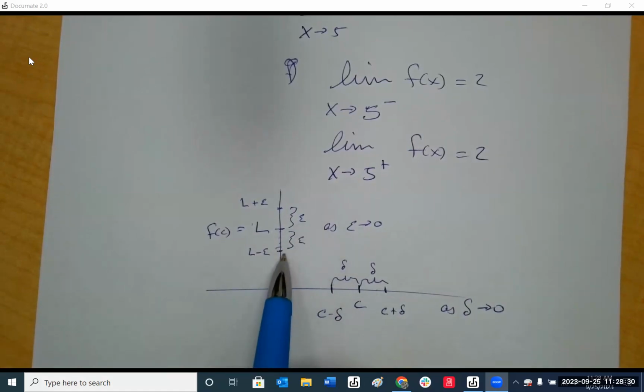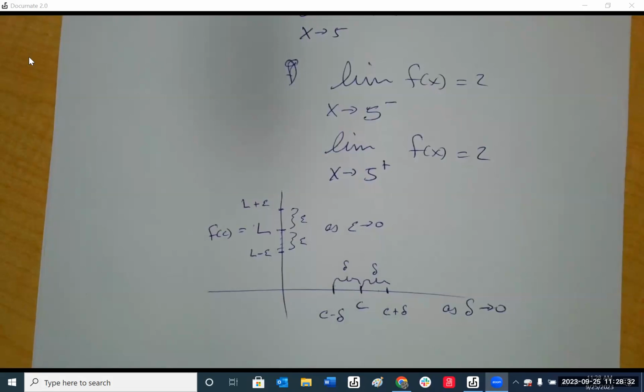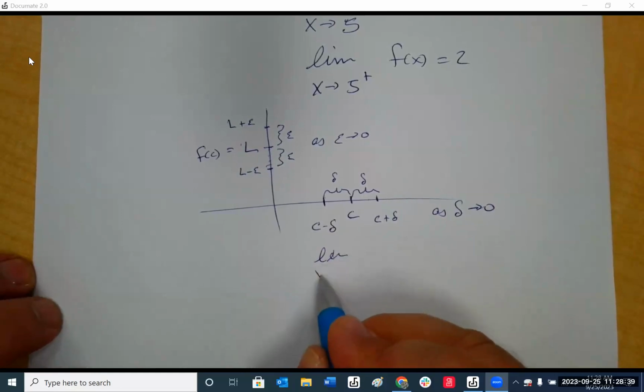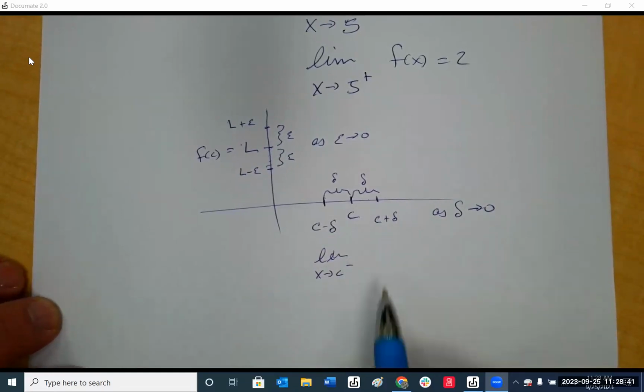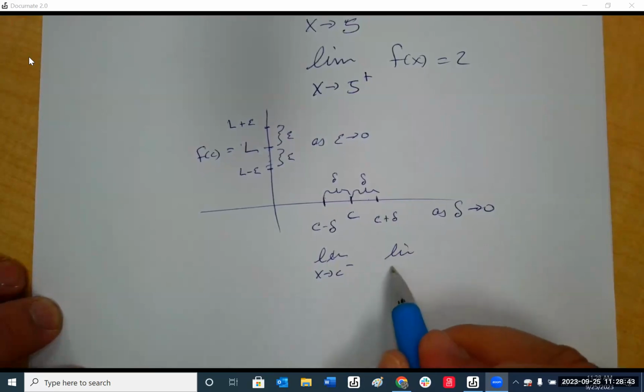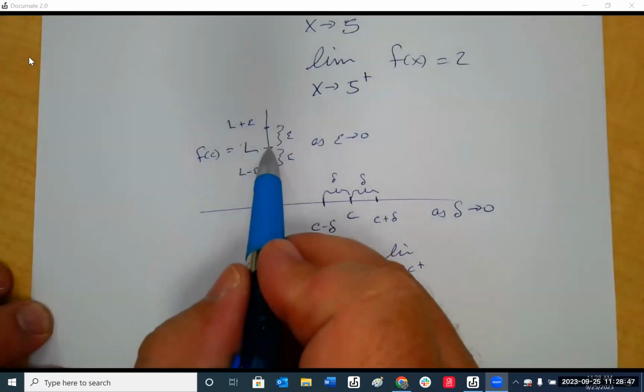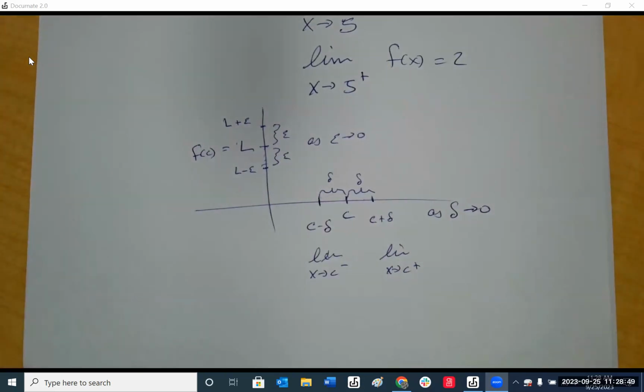So as you can see, on both sides, it has to exist. On this side, we're saying the limit as x approaches c from the left. On this side, the limit as x approaches c from the right. And if both lead to the same point, then it's continuous, because it's approaching from both sides, as opposed to a one-sided function.